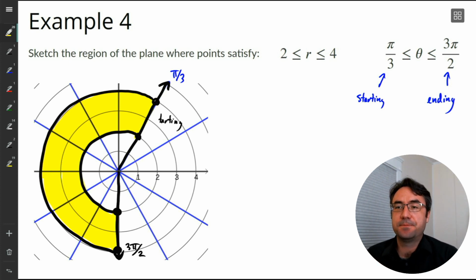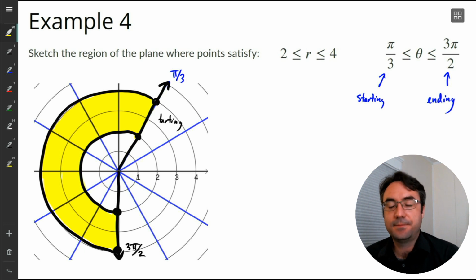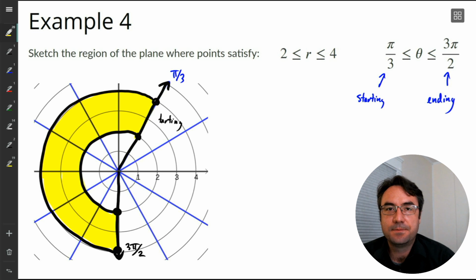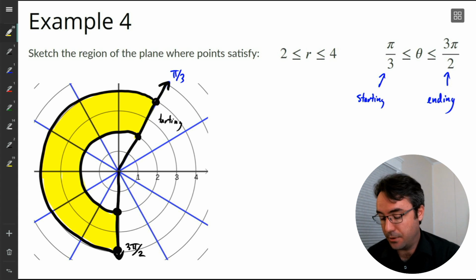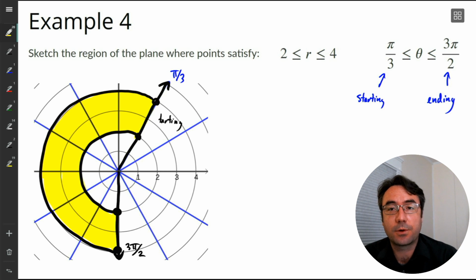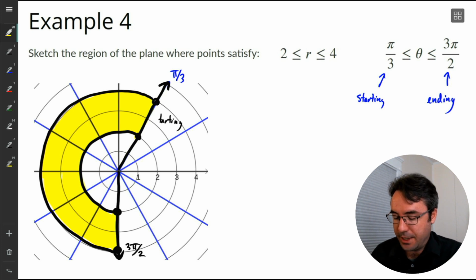So this is a section of, well, let's call it an annular region. So it's part of an annulus. Sometimes you might hear that terminology with polar coordinates. An annulus is just kind of like a donut shape.